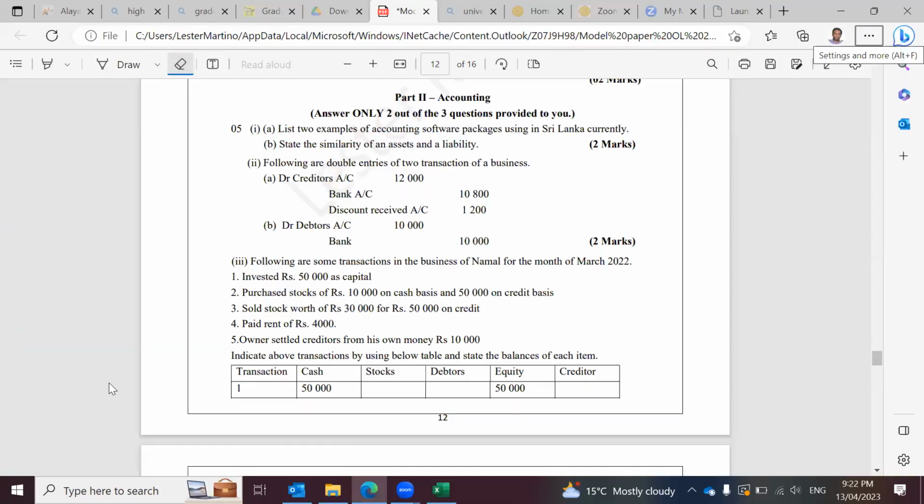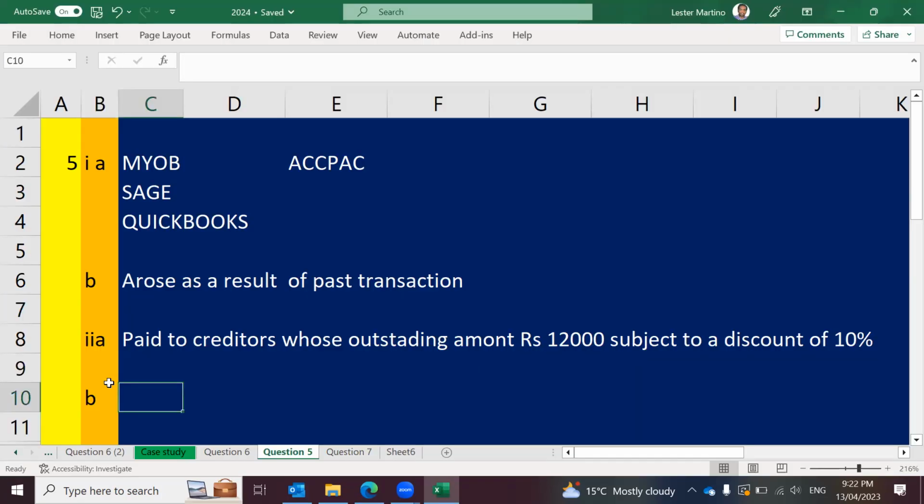Second one, debtors debit, bank credit. Debtors debit, bank credit. Any guess? Check received from debtors and deposited.